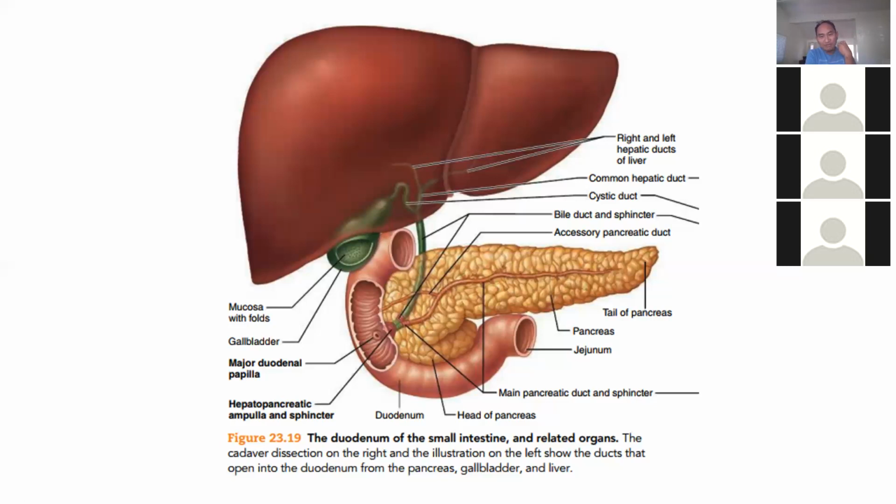And when we eat fatty food, an enzyme from the duodenum, jejunum will stimulate the gallbladder to secrete the bile, and the bile from the gallbladder will come out as the cystic duct, and then finally the cystic duct and hepatic duct will combine together to form the common bile duct, CBD.